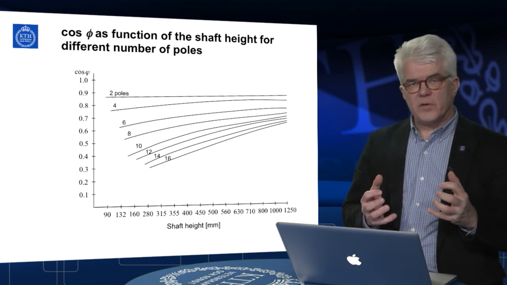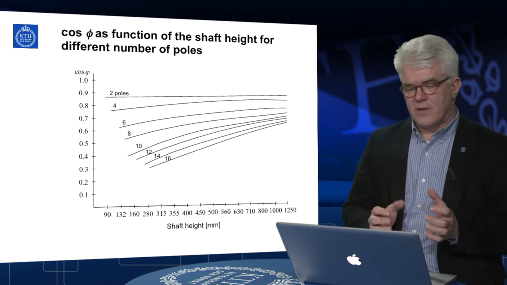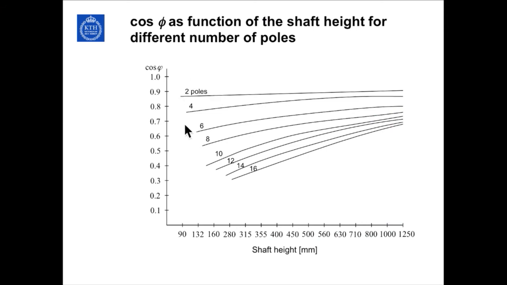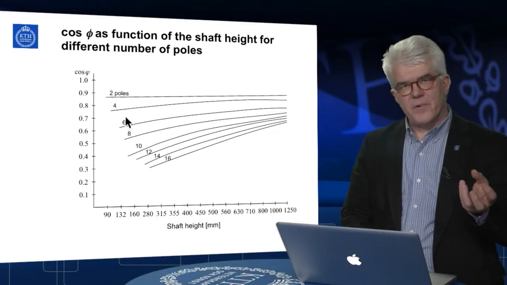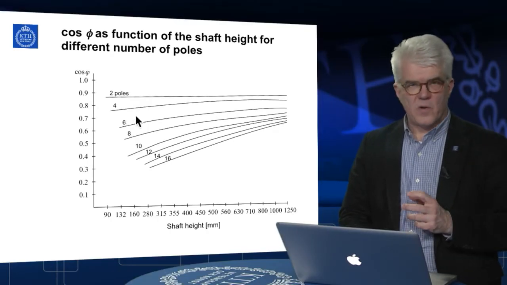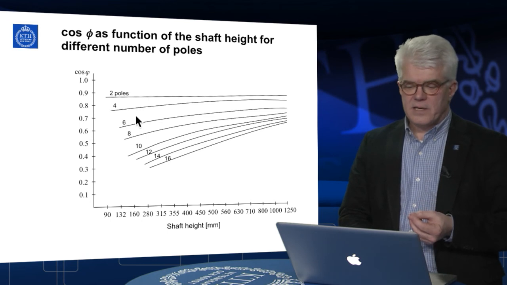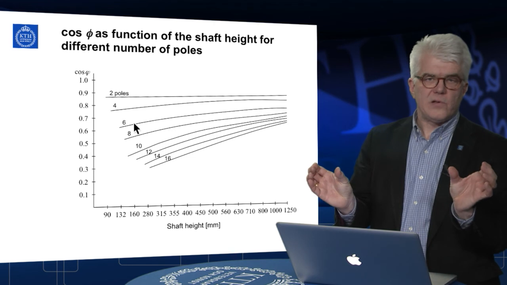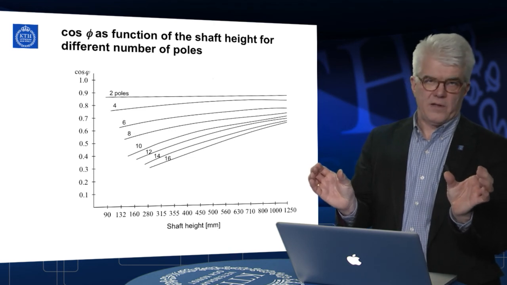So from that point of view, you normally want to have a rather limited or reasonable number of poles. Traction motors are typically designed for 2, 4, 6, that kind of number. I would say 4 or 6 poles are pretty common. What happens with 2 poles is that the end windings become too long, so you lose a lot of the active volume in the machine.